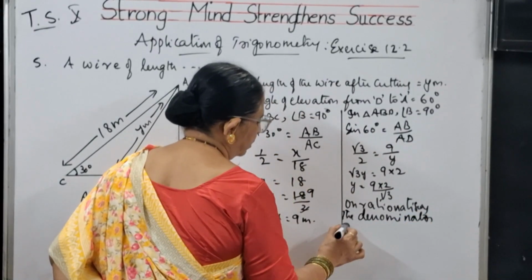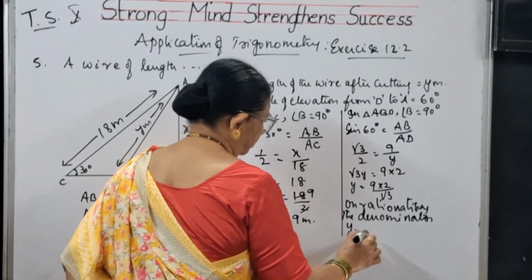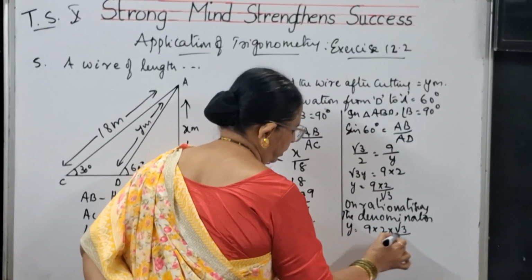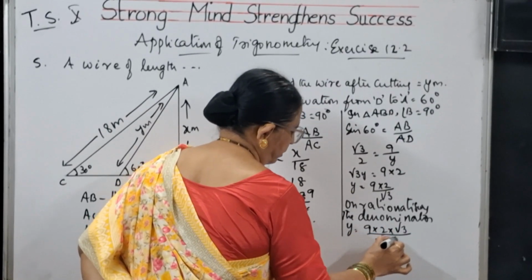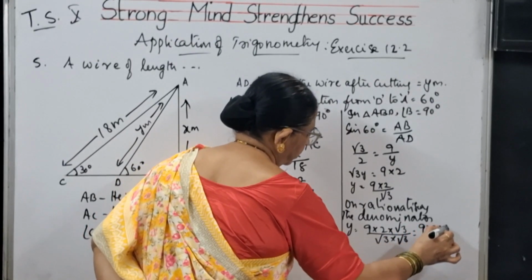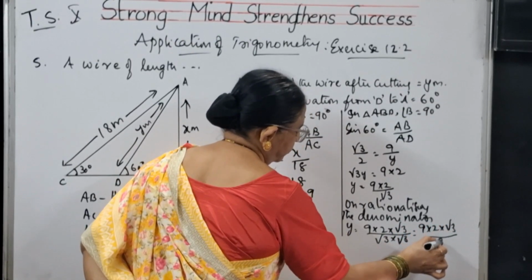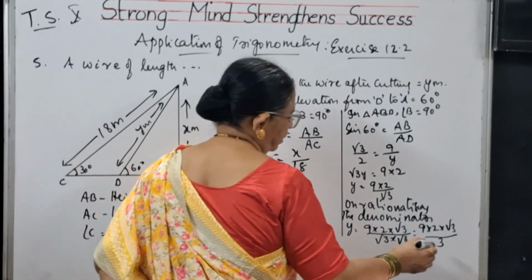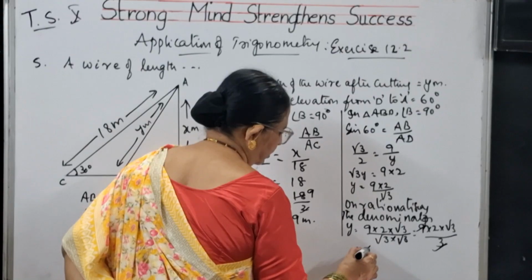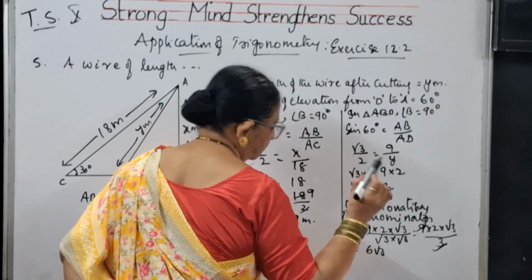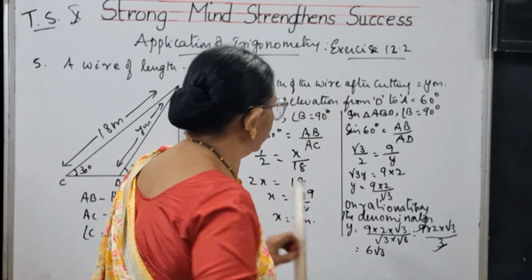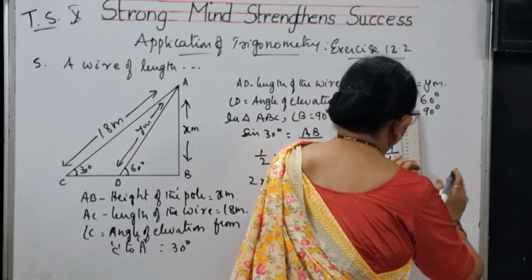What are you getting? y is equal to 9 into 2 into root 3 by root 3 into root 3. That means 9 into 2 into root 3 by root 3 into root 3 is 3. 3 3s are 9, that means this is nothing but 6 root 3. y is equal to 6 root 3 you have got. What is y, children?